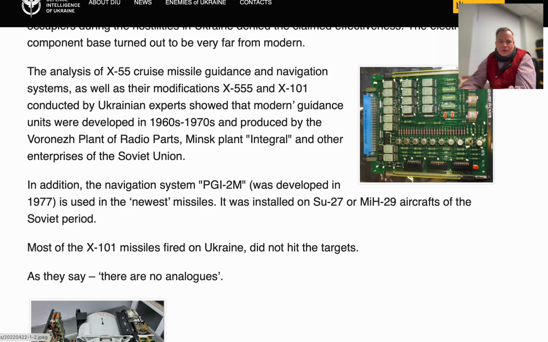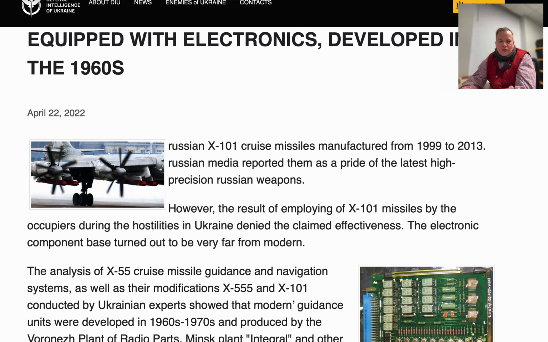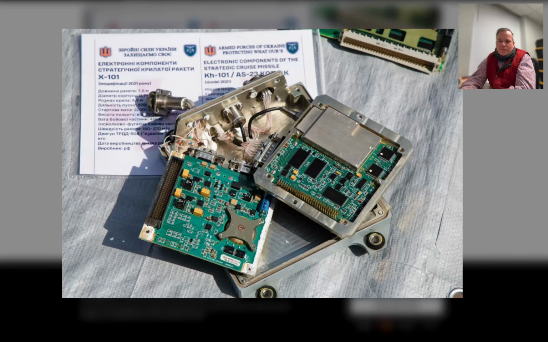And so, again, this article here from 2022, this all just feeds into the narrative that the Russians are inept, they're incapable, the West is superior, Russia is inferior. So anyway, I'll conclude this video there.